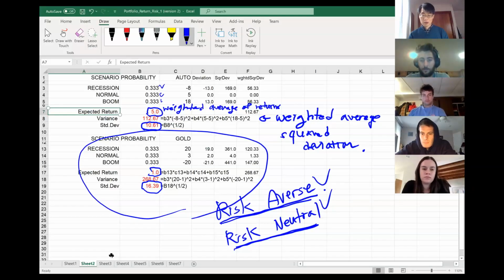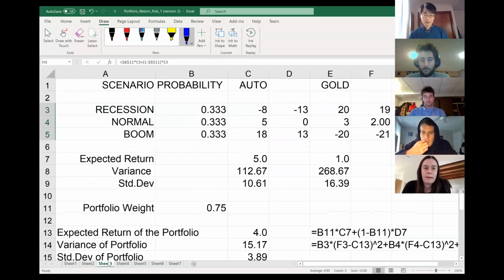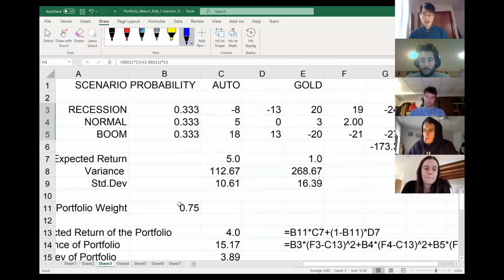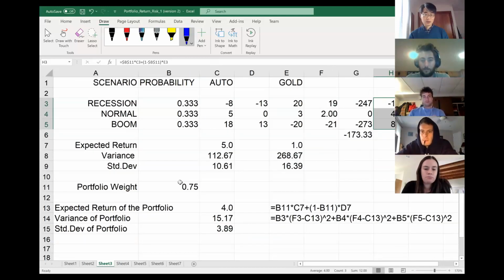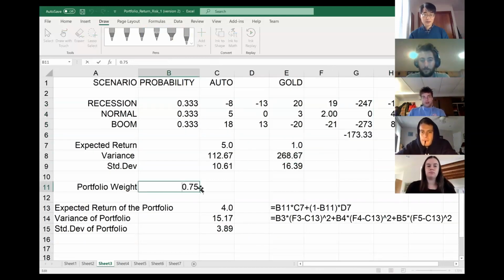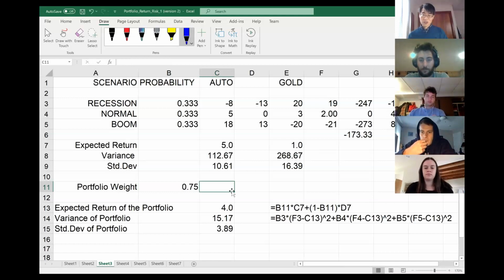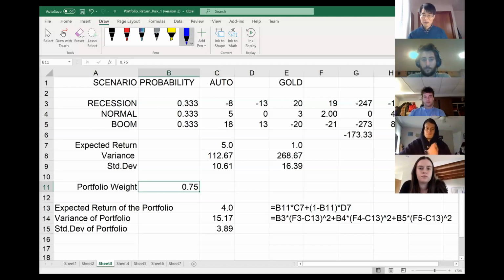Okay, so when you tab to sheet number 3, now you see a portfolio. This is the portfolio weight. Now we are assuming that you are creating a portfolio using auto stock and gold, so you are investing in a portfolio based on these two underlying assets. This is the share of auto stock in your portfolio.